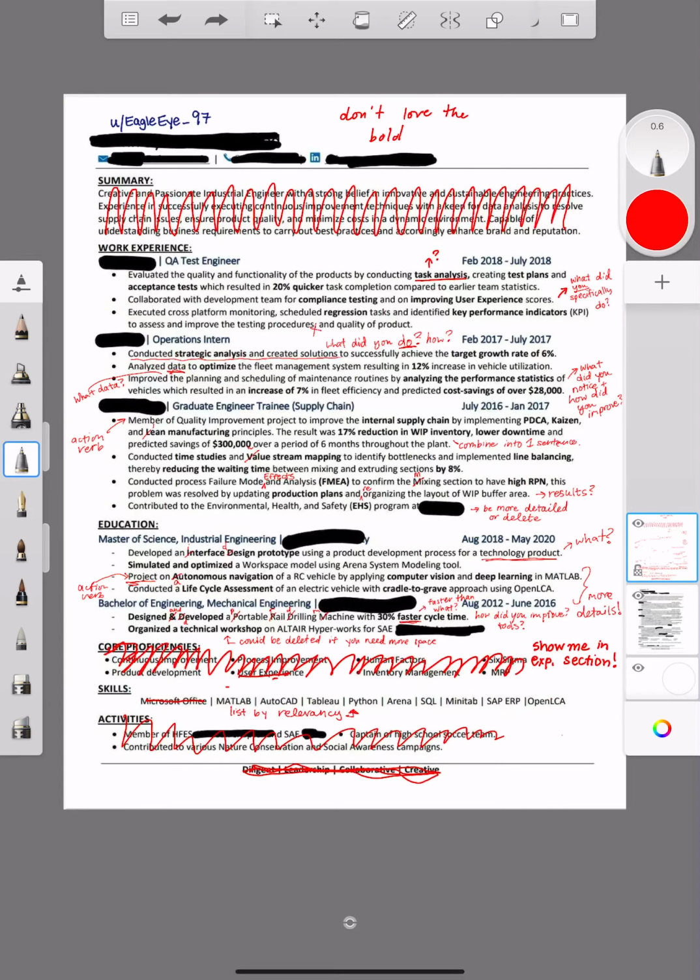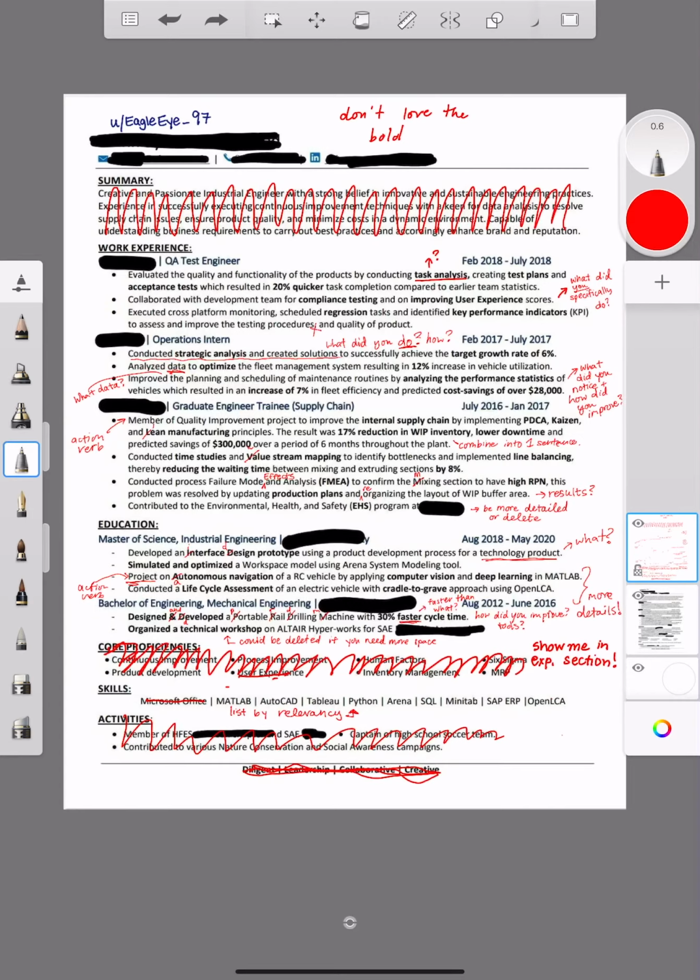So that's kind of what I suggest they do. I suggest this person takes out the soft skills stuff, takes out the summary, and really elaborates on what they specifically did and how it impacted the results of the project as a whole, how they worked with the team, what their contributions were, which they do say in some points, but not every point.